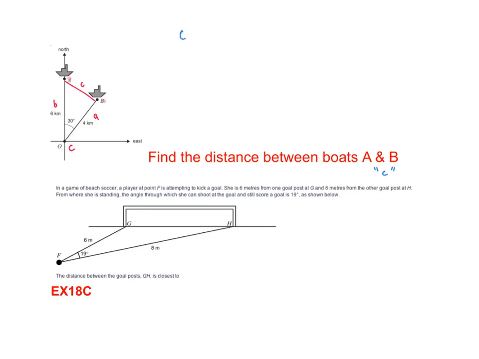So I'm going to write the formula for that, which is c squared equals a squared plus b squared minus 2ab cos C. Then we plug in everything we know. c squared is what I'm trying to find. a is 4, b is 6. We should make sure that the units are all the same.